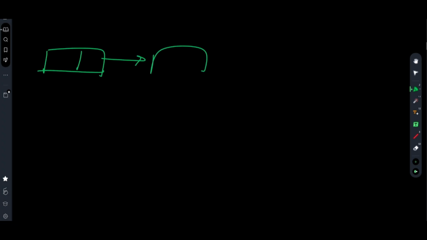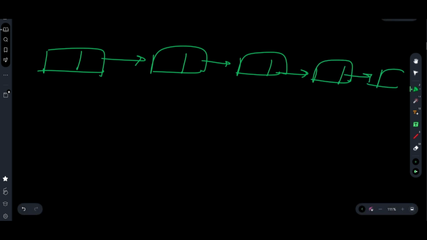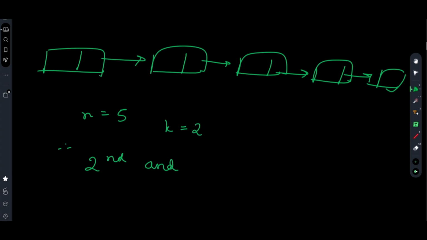Now you have to find out the kth and the n minus k plus 1th node. You will just go one by one. You know the length is 5, so n equals 5 and k equals 2. So you have to find out the second node and 5 minus 2 plus 1, that is the 4th node.